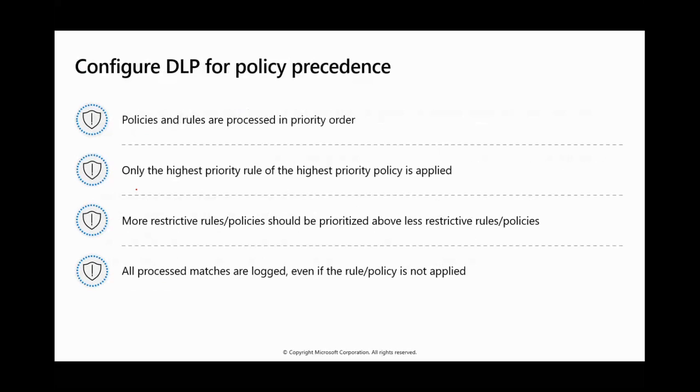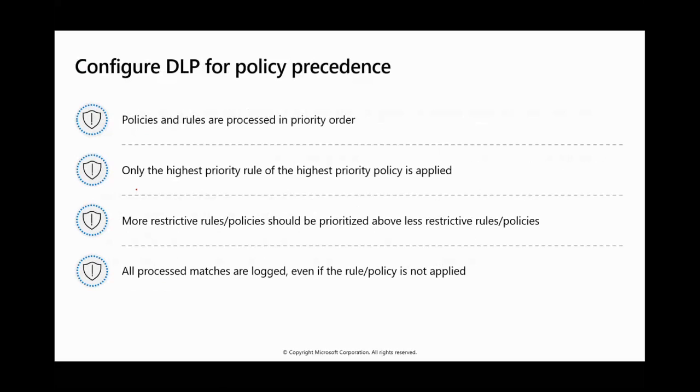The more restrictive rules or policies should be prioritized over the less restrictive rules or policies. So again, we're going to assign a priority order, and as a best practice, please always assign the most restrictive rules at the beginning of the priority order.